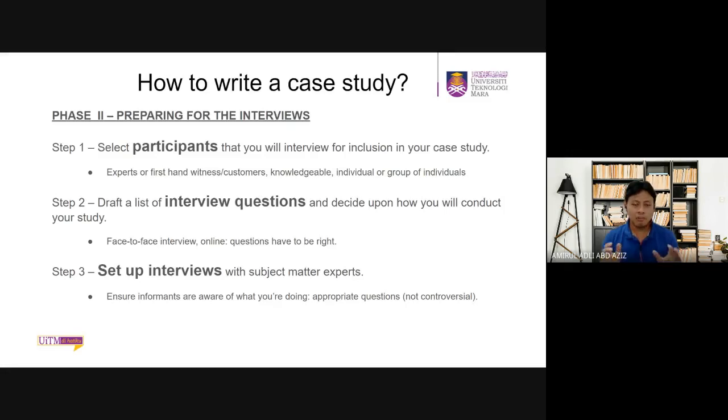Okay, you have to be selective, but you cannot be, orang kata, ignoring the others. Okay, you have to select the right ones, tapi tak boleh select only the one yang you nak, so that the outcome is bias to you. So that is bias basically. Itu yang paling senang nak kena kritik.